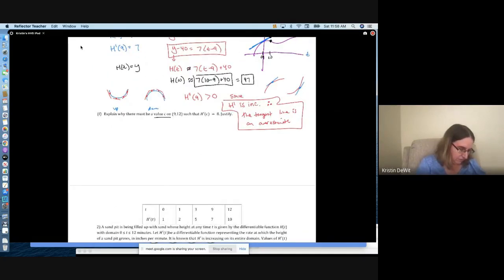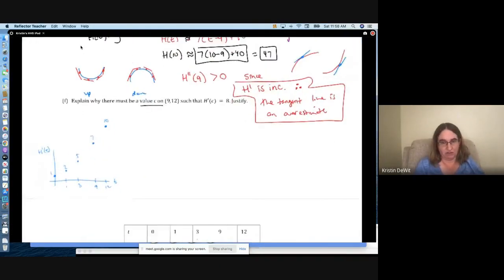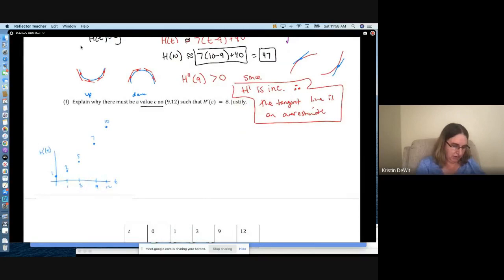First of all, the reason why I know that I don't love this problem is because whenever you see must be a value of C, you know it's one of your theorems. It's going to either be your MVT, IVT, EVT, although we don't use EVT very much, that's extreme value theorem. So it's probably MVT or IVT.